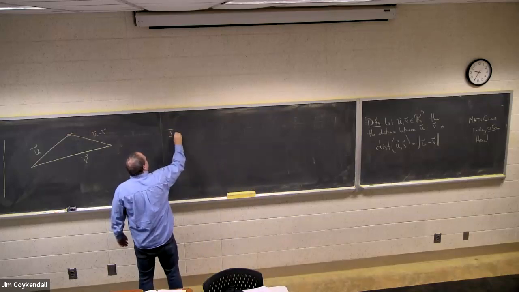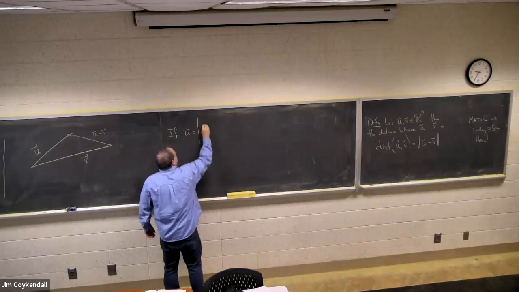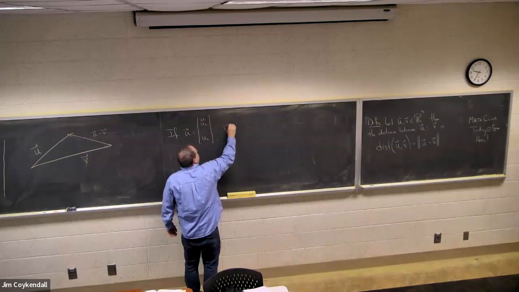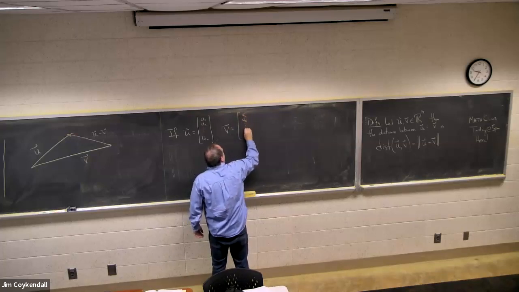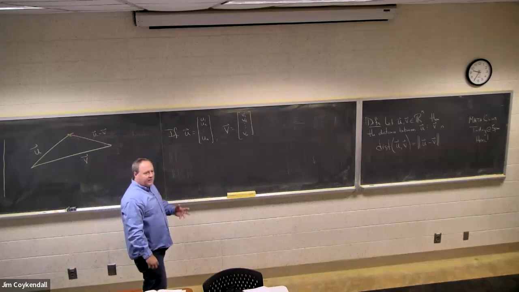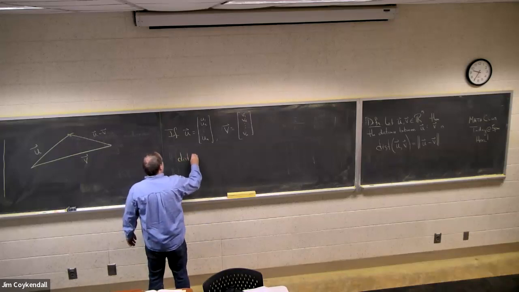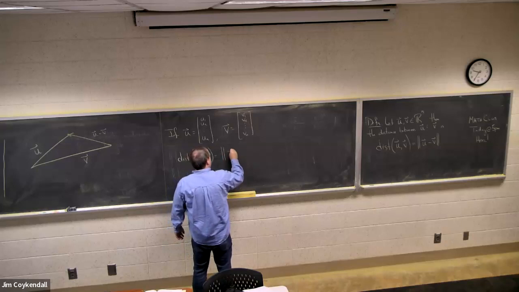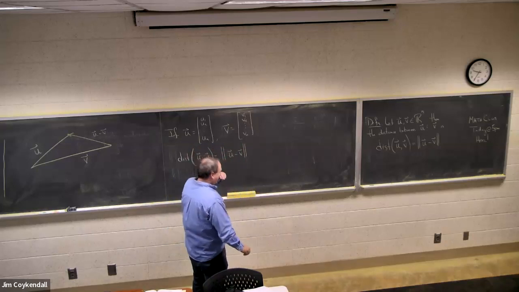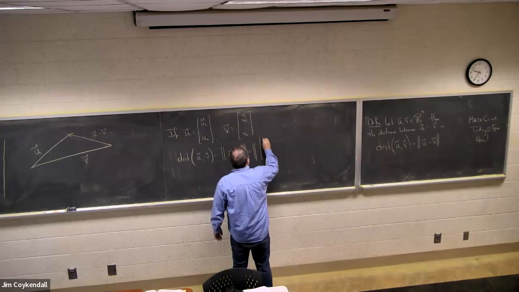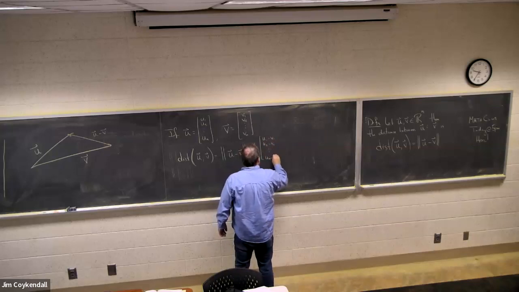If U is U1, U2, up to UN and V is P1, P2, up to PN, then the distance is the norm of U minus V, which is the norm of the vector U1 minus P1, U2 minus P2, up to UN minus PN.